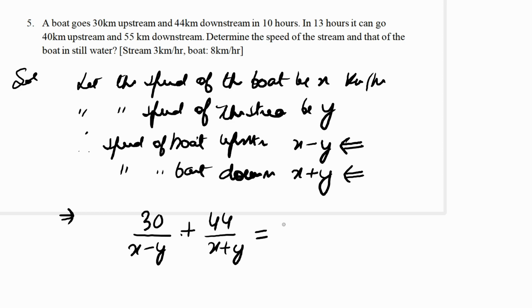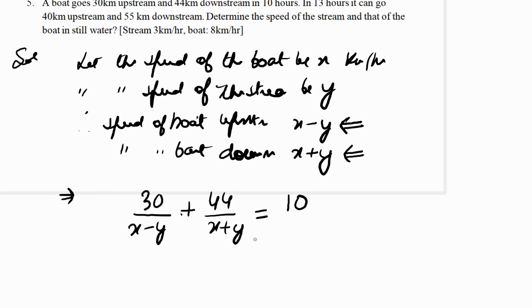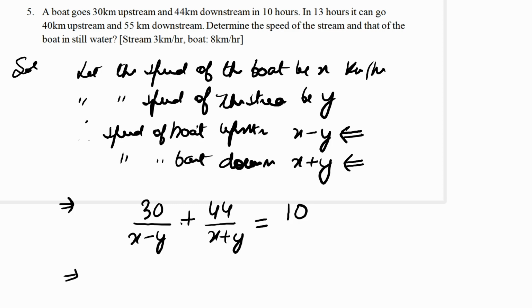This will become equal to 10. Okay? And in 13 hours, what is condition 2? In 13 hours, it can go 40 kilometers upstream and 55 kilometers downstream. This will become equal to 13 hours.